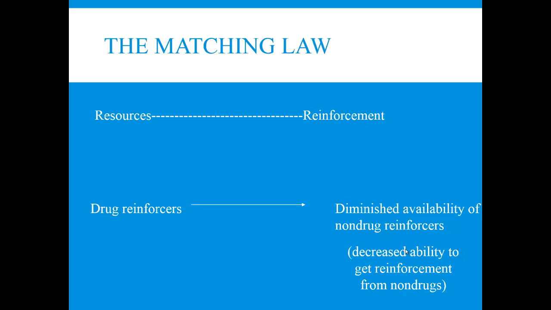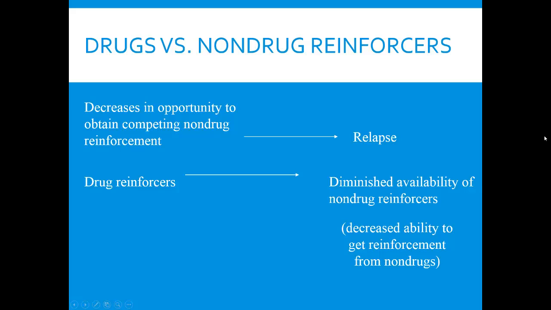Another way of saying that is a decreased ability to get reinforcement from non-drugs. So, in other words, if I'm sitting on the couch and I'm passed out drunk, then I obviously cannot enjoy the company of my family or my children. So the more you partake of these drug reinforcers, the less available natural reinforcers are. You can't enjoy them if you're passed out.